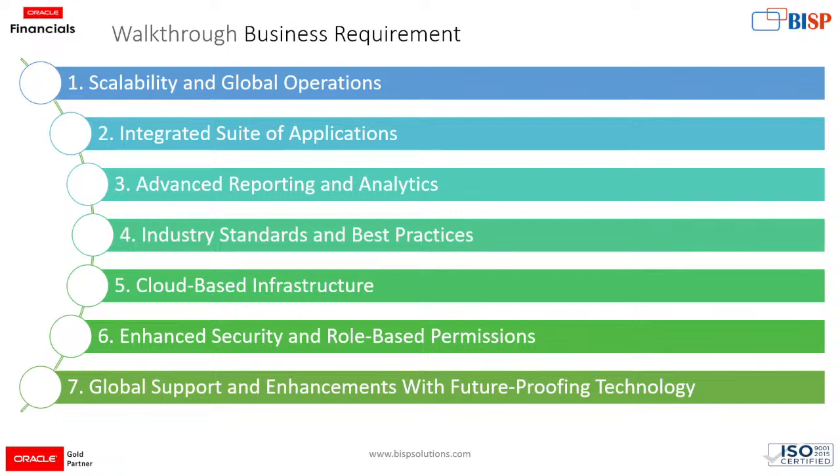Scalability and global operation, integration suite of application, advanced reporting and analytics, industry standard and best practices, cloud-based infrastructure, enhanced security and role-based permissions, and the seventh one, not least, global support and enhancement with future-proofing technology. That is the business requirement. So let's go deeper into each one.